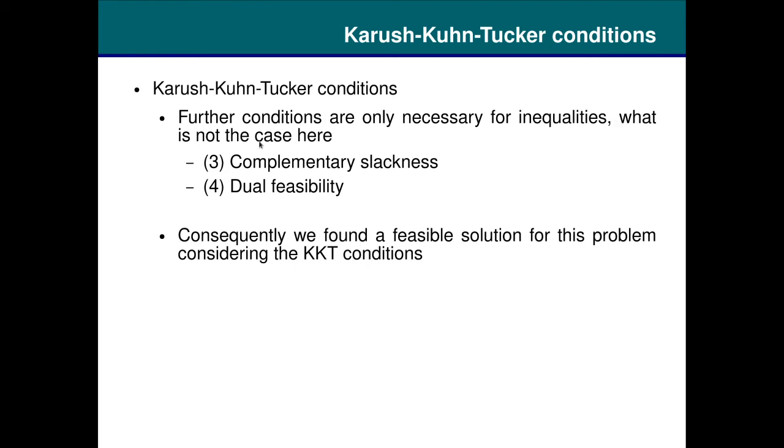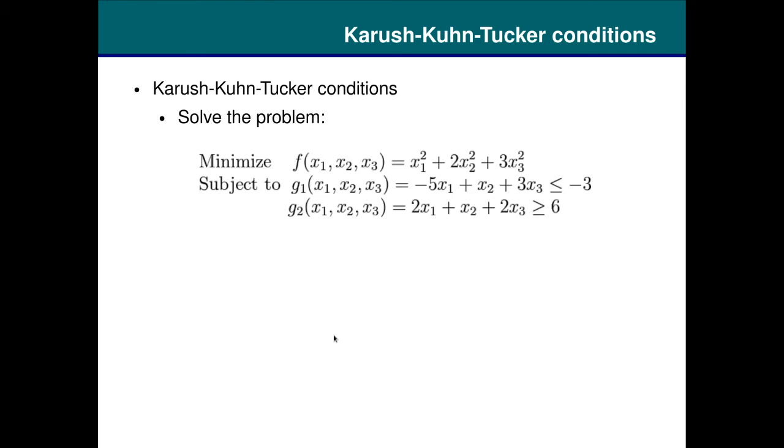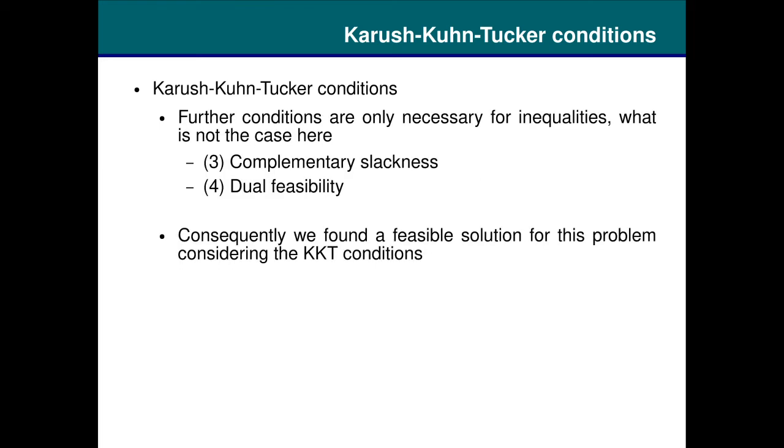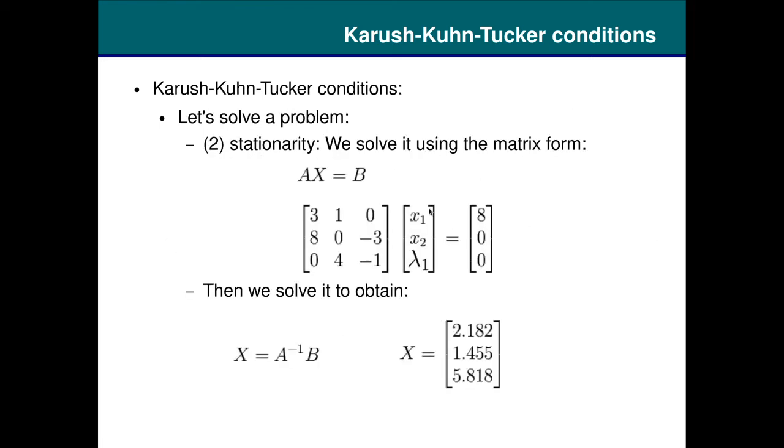In our case, this doesn't apply. So if it doesn't apply, it doesn't matter. I don't need to consider the third and the fourth conditions. I can go for my solution without considering both the third and the fourth Karush-Kuhn-Tucker conditions. So my solution, of course, in this particular scenario is given by this x1, this x2, and this lambda. My solution is here.